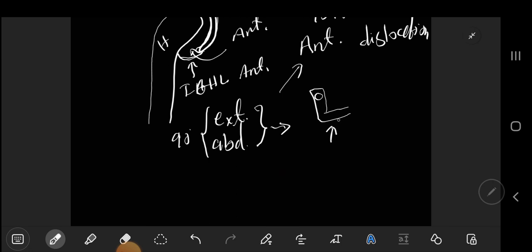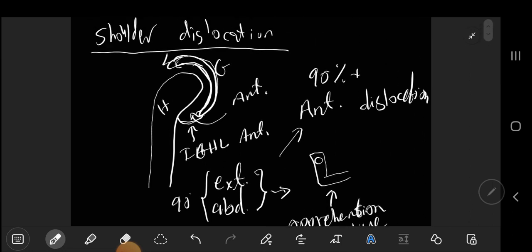This is the most common position to dislocate the shoulder anteriorly, and if you put your patient in that position, it is also called the apprehension test, to test if the patient feels like he is going to dislocate. If he feels that way, it tells us that the apprehension test is positive, namely the patient feels that he is going to dislocate, and this tells you that there is instability of the shoulder, usually from recurrent dislocations.